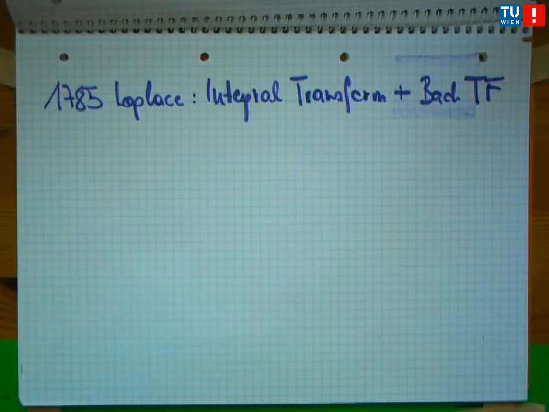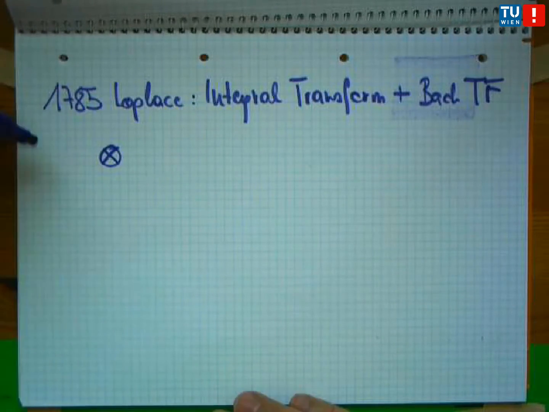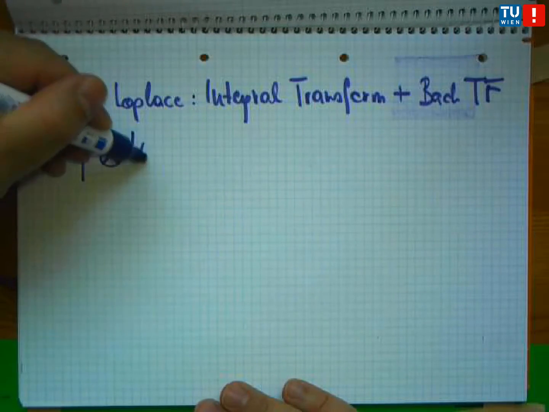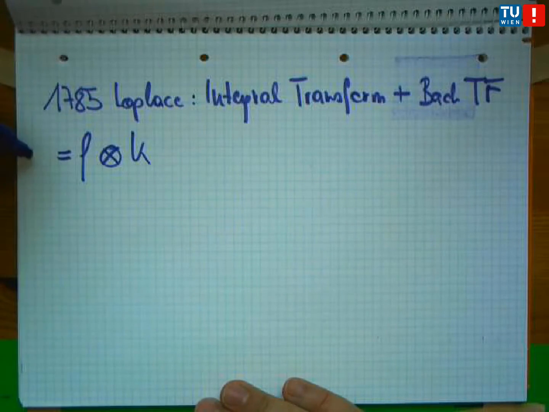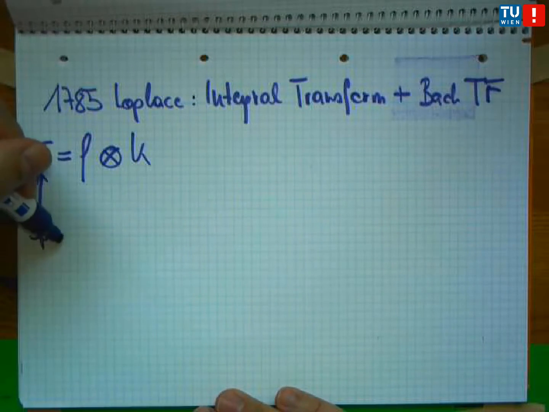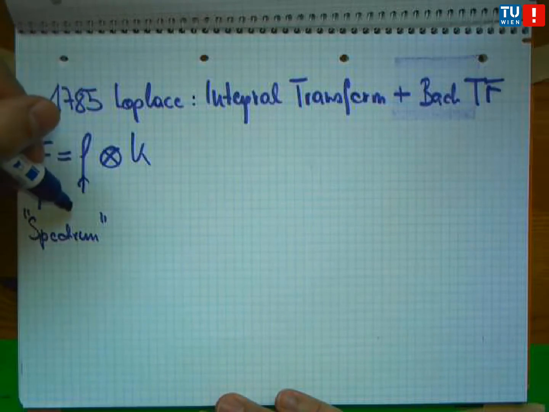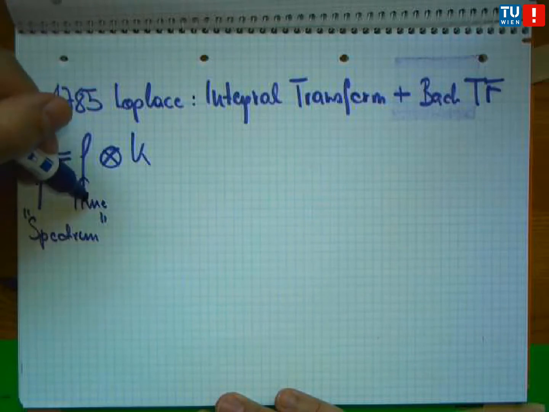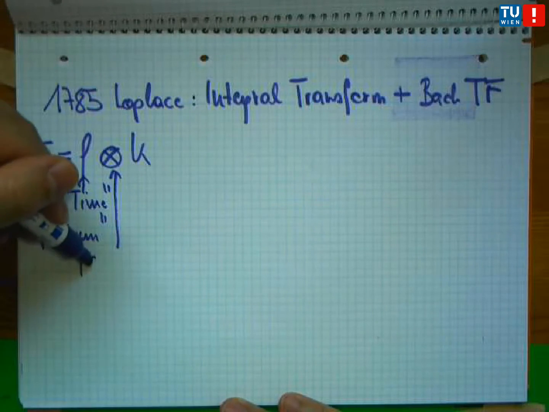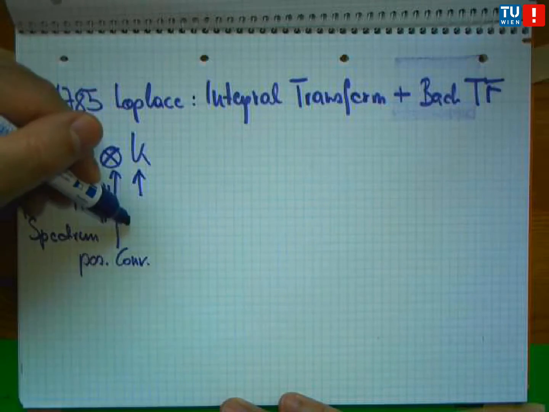So what he came up with was a form of positive convolution. He would take the input signal, let's denote it as f, and fold it over some kernel k, and that would bring him into the so-called spectrum. So the input function is one that goes over time. It's convoluted by positive convolution, and it employs a kernel function.